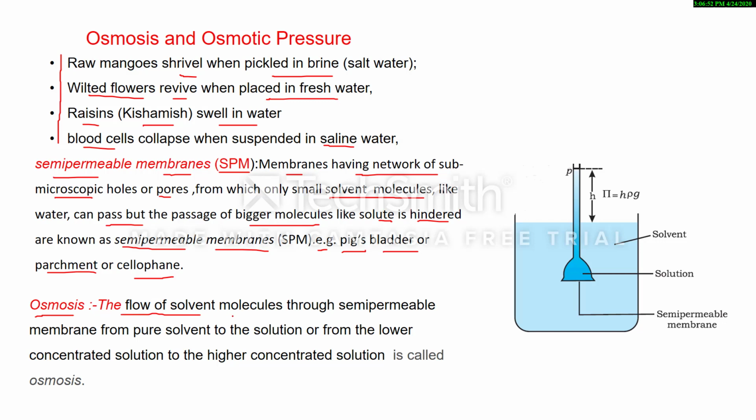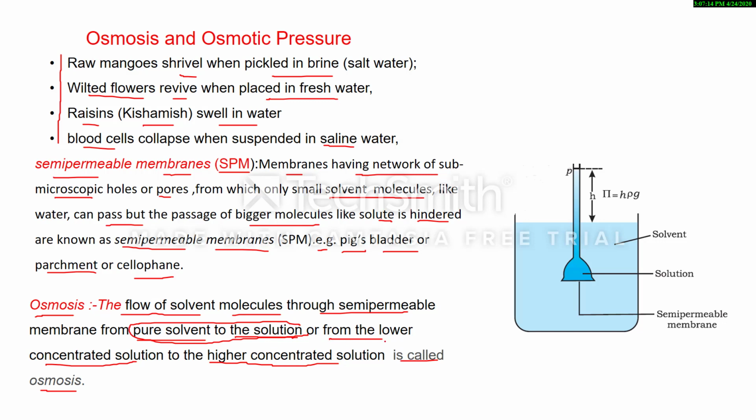Now, the next term is osmosis. The flow of solvent molecules through a semi-permeable membrane from pure solvent to the solution, remember it, from pure solvent to the solution, or from the lower concentrated solution to the higher concentrated solution, is called osmosis.